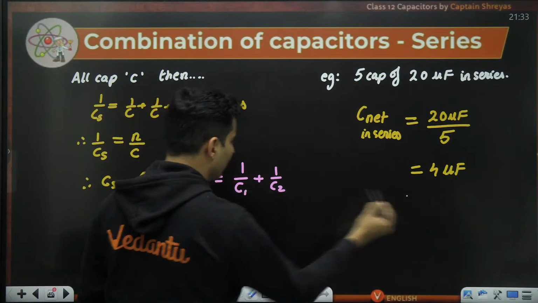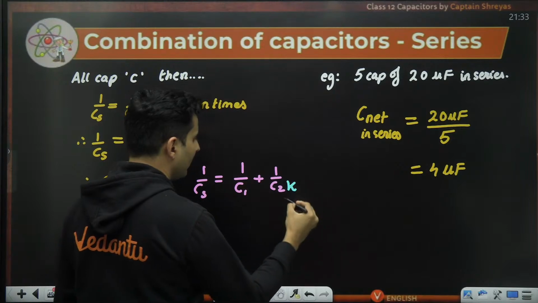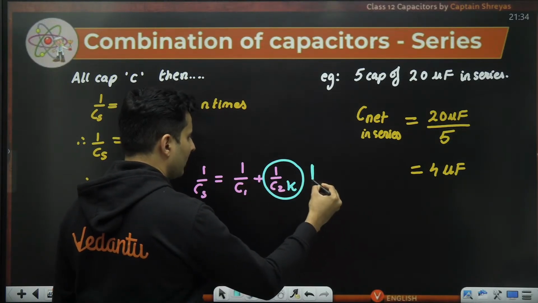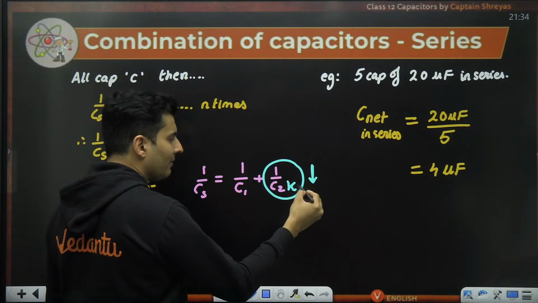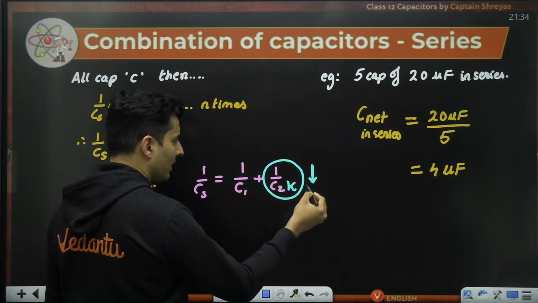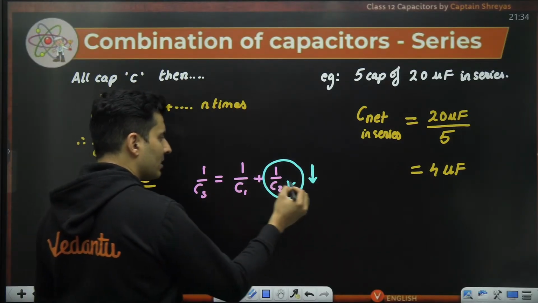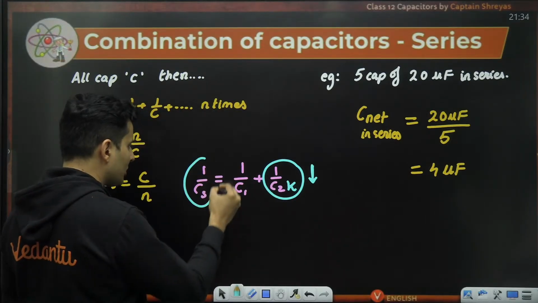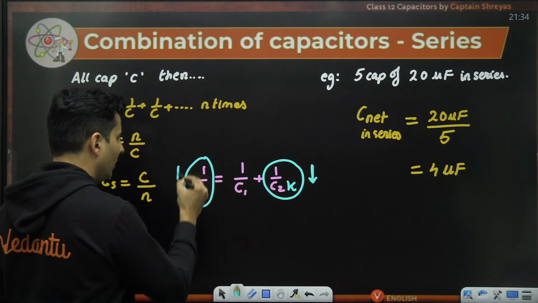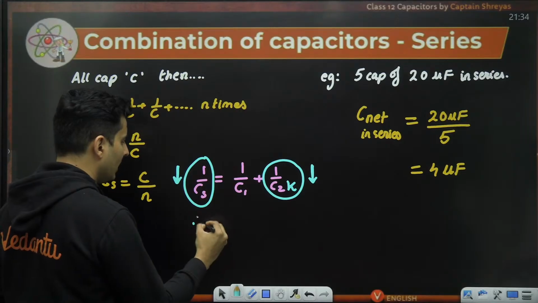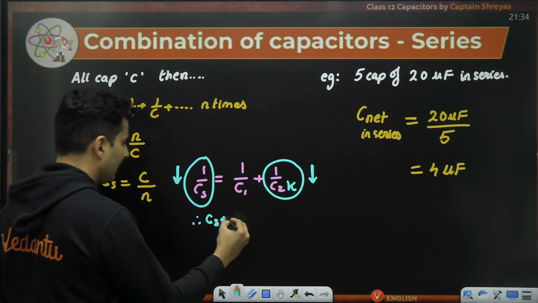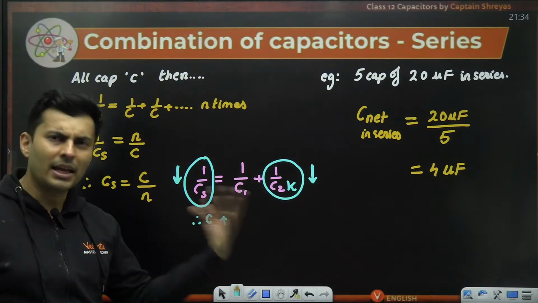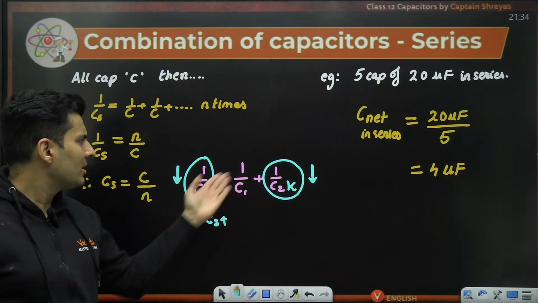Now you put a number K, like 2, 3, 5, 10, so this ratio will reduce. You are adding a smaller number, so this whole thing will reduce. Therefore, CS will increase. So whenever you add a dielectric medium in any of the capacitors, for series it will increase.